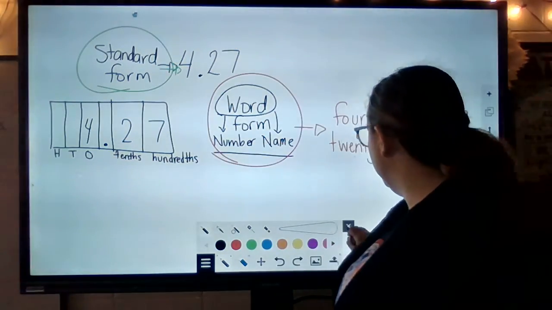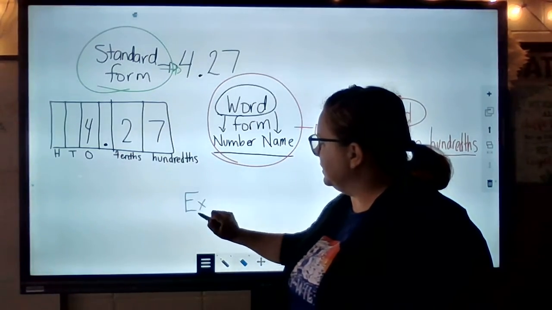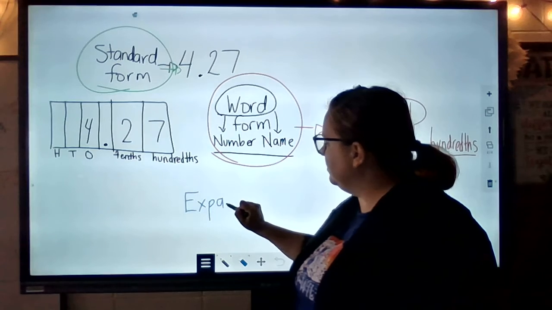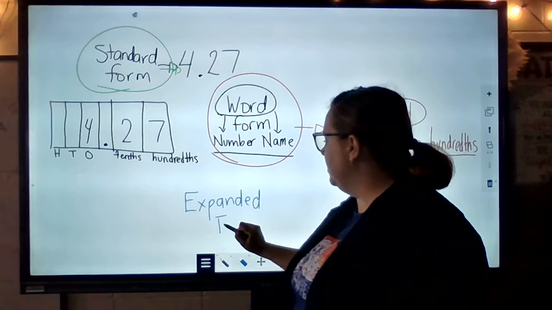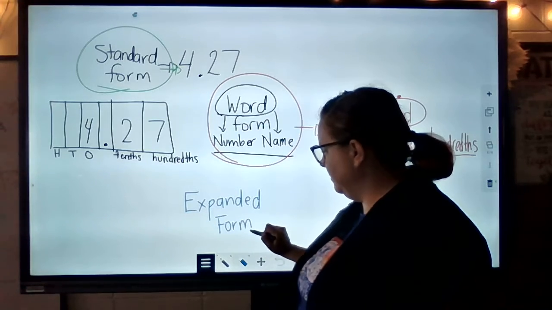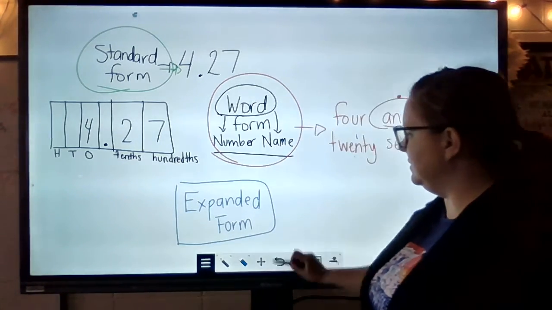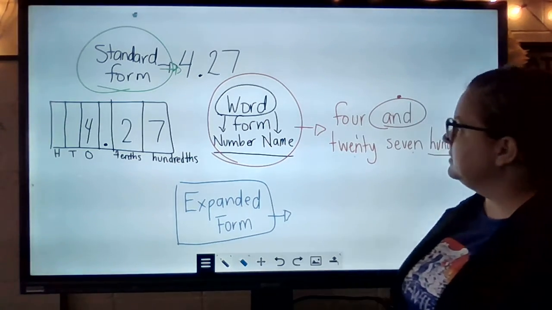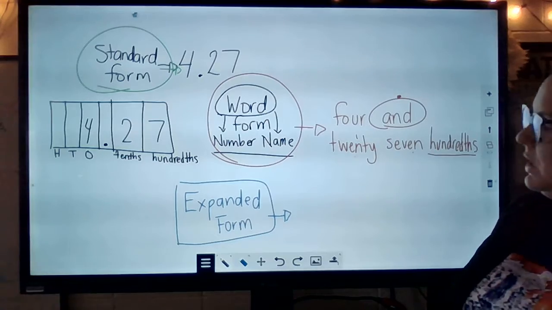Now we're going to do our expanded form. So again, pause the video, talk about what I'm talking about with somebody at home, practice with another number, okay? So expanded form is simply where you expand the number out. So we're going to use the same number, we're just doing it in 3 different ways.